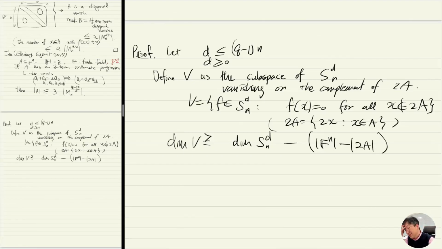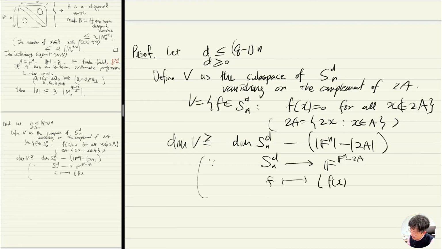Because think of the linear transformation from S_{n,d} to F to the n minus 2A, mapping f to the collection of f(x) where x is not in 2A. This is a linear transformation, and the kernel of this is V. And the dimension of that is, of course, at most this much, q to the n minus twice A.